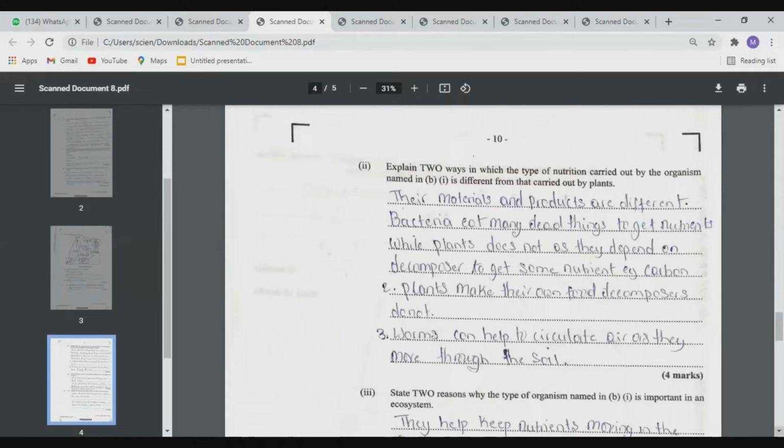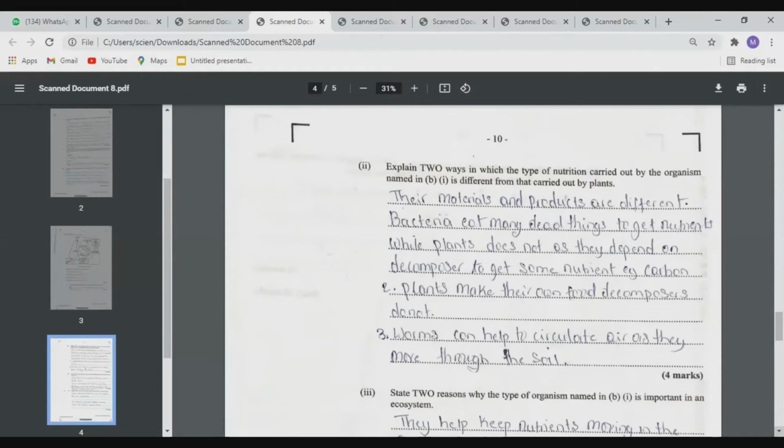Bacteria eat many dead things to get nutrients, while plants do not. Remember, plants are autotrophic, they make their own food, and depend on decomposers to get some nutrients, for example, carbon. 2, plants make their own food and decomposers do not.